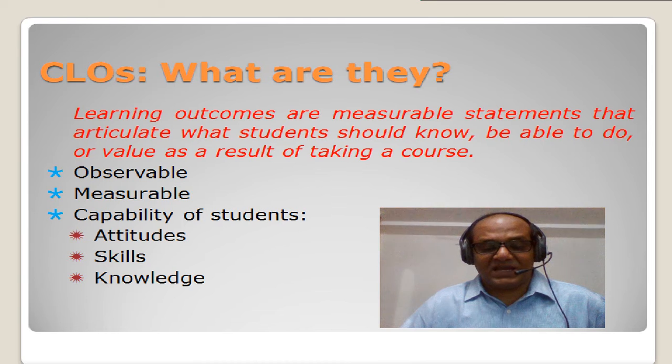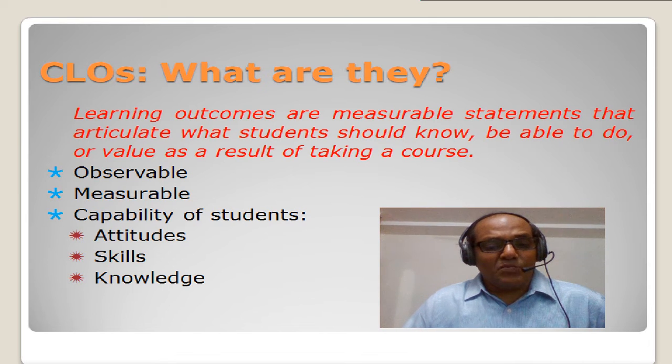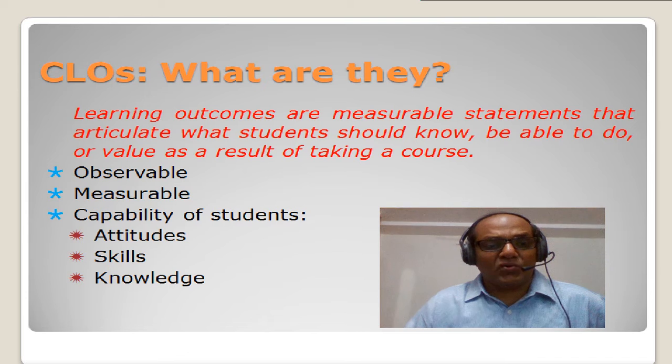That is, if you make a statement, you should be able to observe it in the behavior of the student. When the student undertakes the course and approaches a problem, we should be able to see that very clearly. Measurable, that is, ultimately you will be trying to assess how far these outcomes are attained.